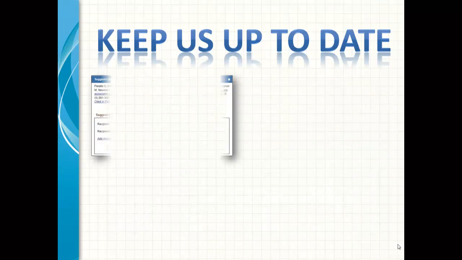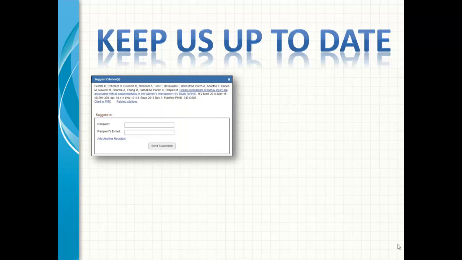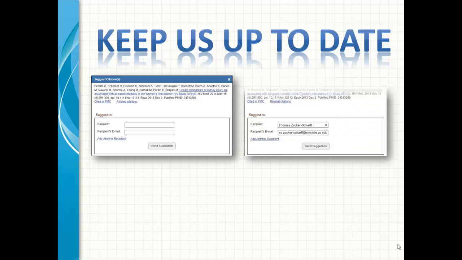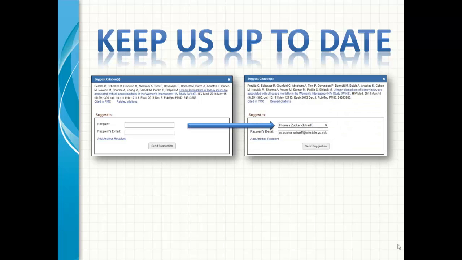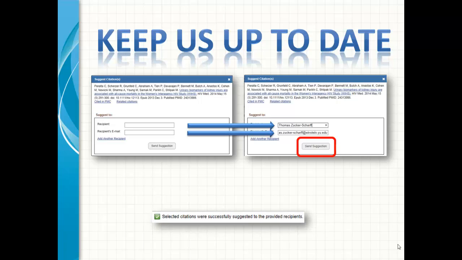When you do that, you'll get this dialog box. You can then fill it out and send a suggestion to us, so we will know to put that publication in our bibliography.